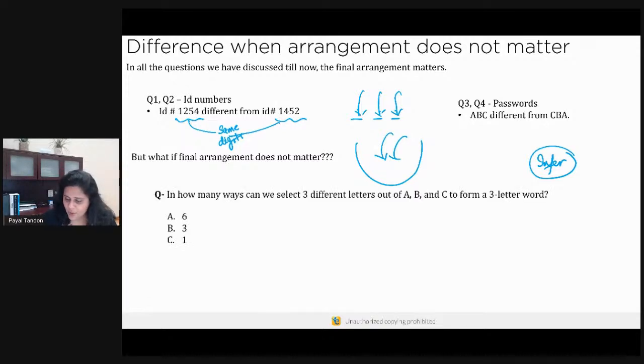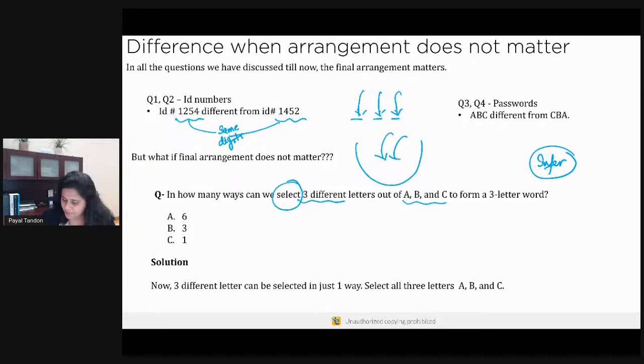Okay. So let's just take an example. In how many ways can we select 3 different letters out of ABC to form a 3-letter word? And the answer over here is in only one way. You have to select 3 different letters. ABC, they are the only 3 letters available. So there is only one way over there.